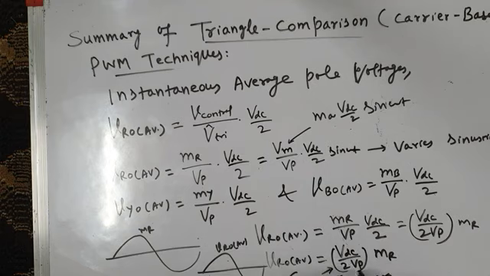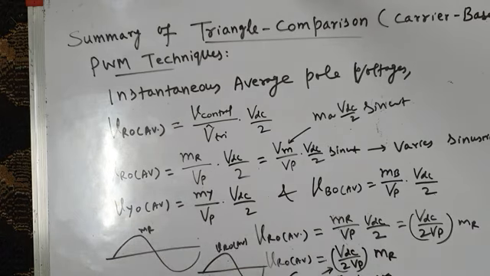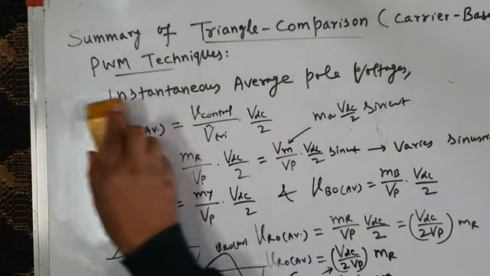What is VDC by 2VP? It is the gain of the inverter. So we can say that the pole voltages are scaled versions of modulating waves. And since your modulating waves are sinusoidally varying, the instantaneous average pole voltages VRO, VYO and VBO also vary sinusoidally. Okay, that is about instantaneous average pole voltages.